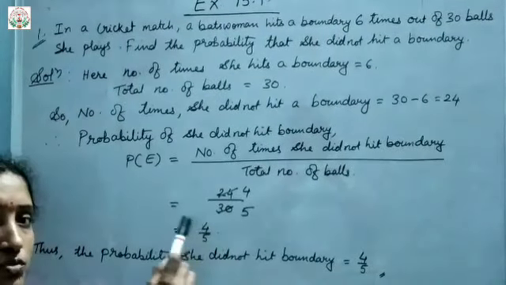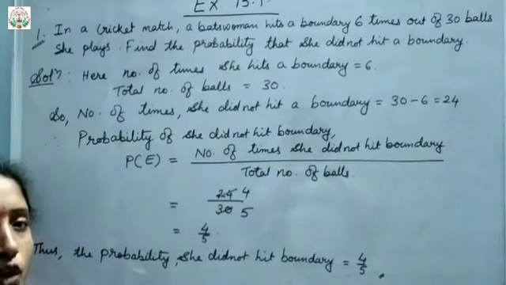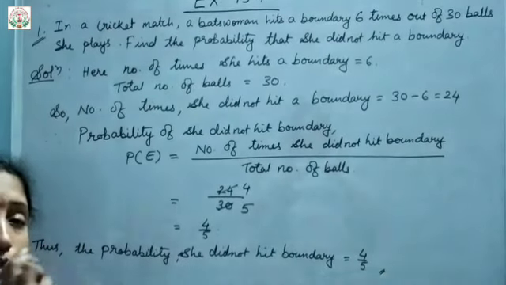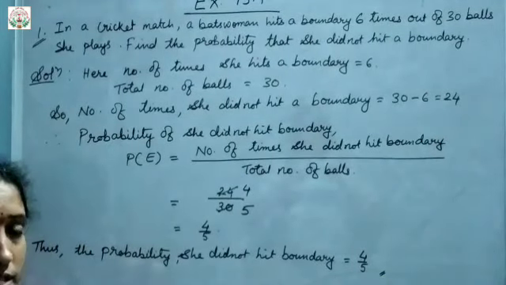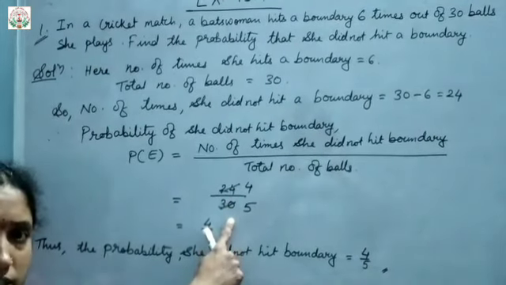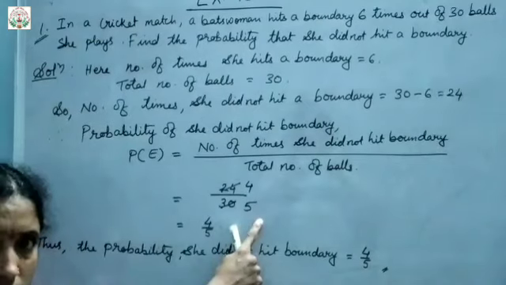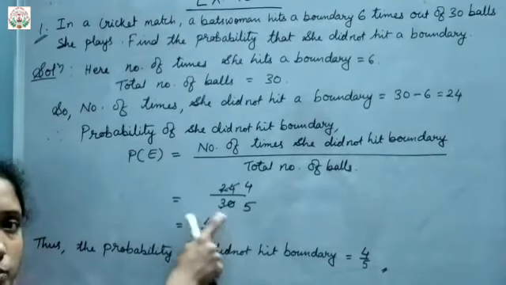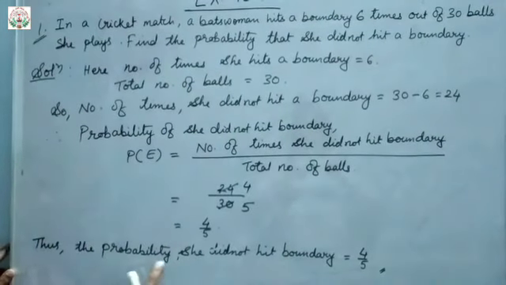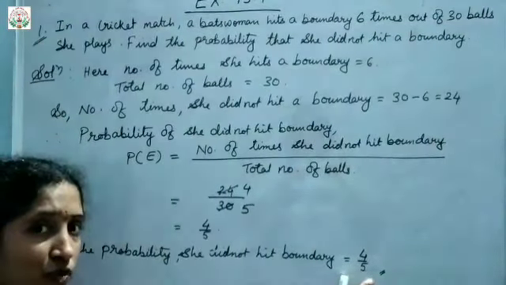On cancelling, because we know probability we have to bring into the simplest form, if it is divisible we have to divide and show the simplest form of that fraction. Divisible by 6: 6 4s are 24, 6 5s are 30. So the simplest form will be 4 upon 5. Thus the probability she did not hit the boundary is 4 upon 5.